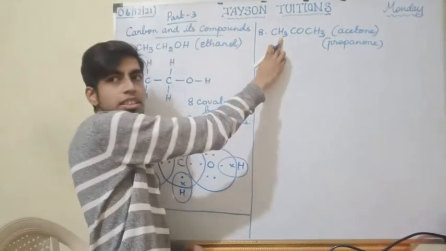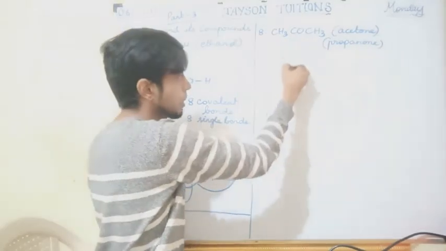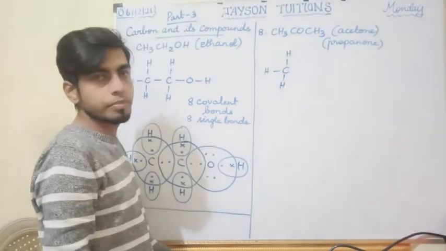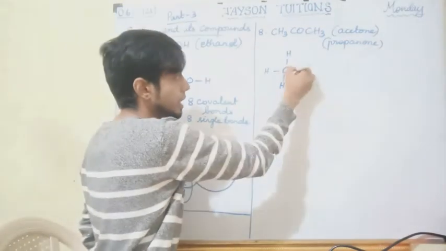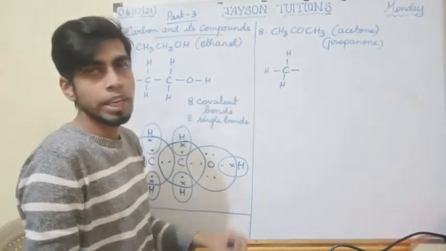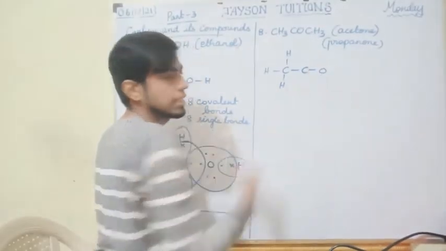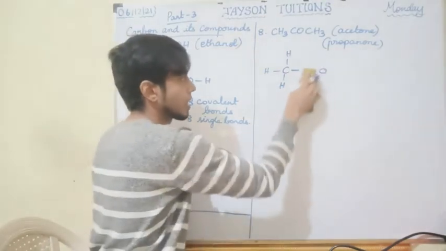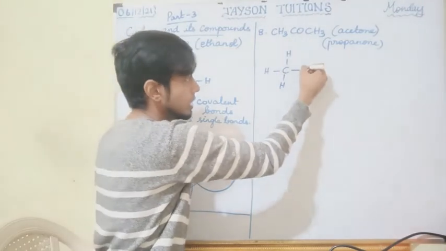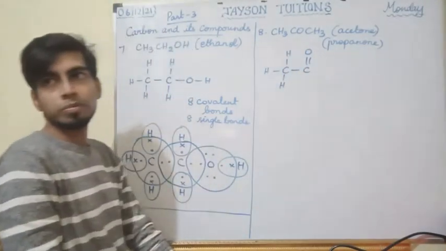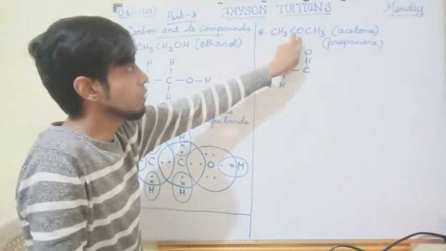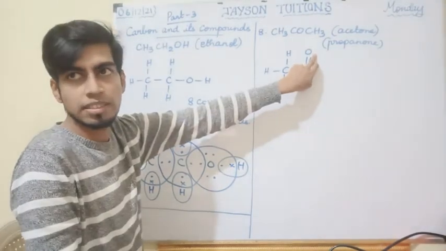So CH3 is there. CH3 means carbon is attached to 3 hydrogens. Next, there is no bond given, that means it is a single bond. Now listen carefully. CO, many of you will mark it like this, but it is wrong. The actual structure for CO, how this carbon and oxygen are connected, is C double bond O. So CO means it is C double bond O. It is connected like this.